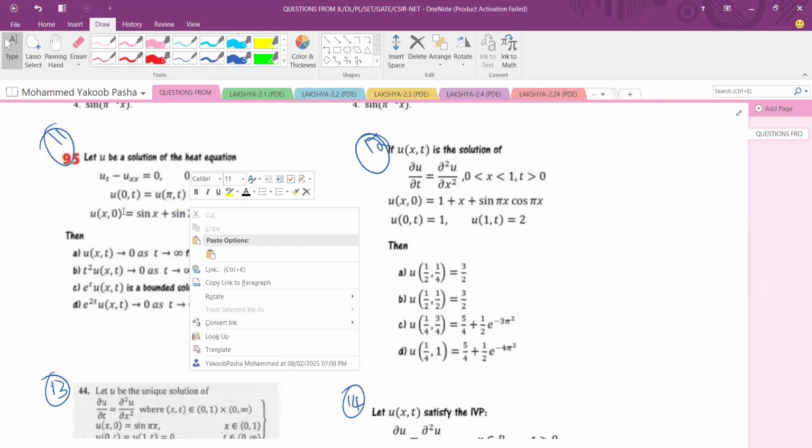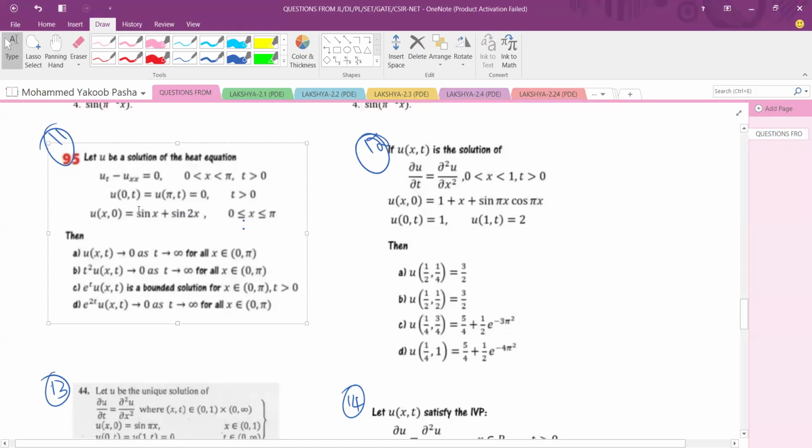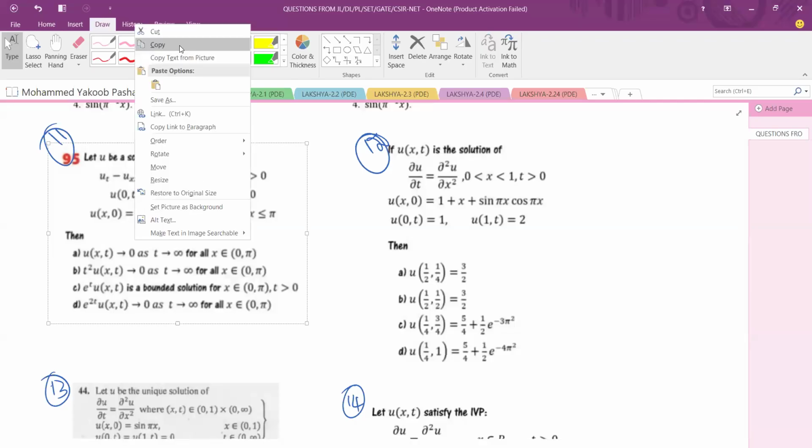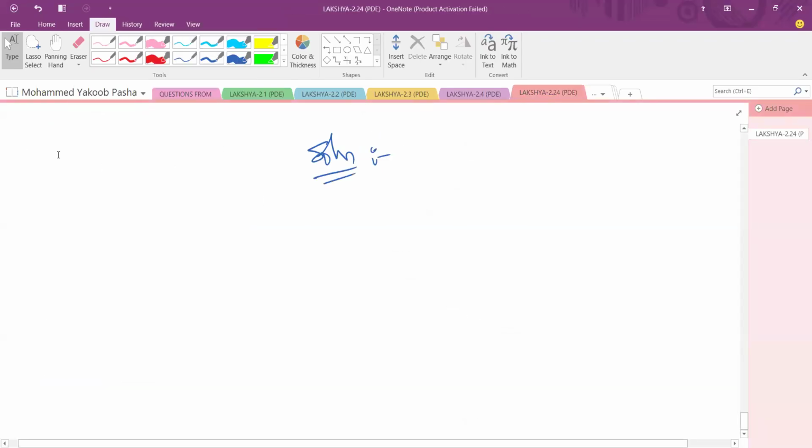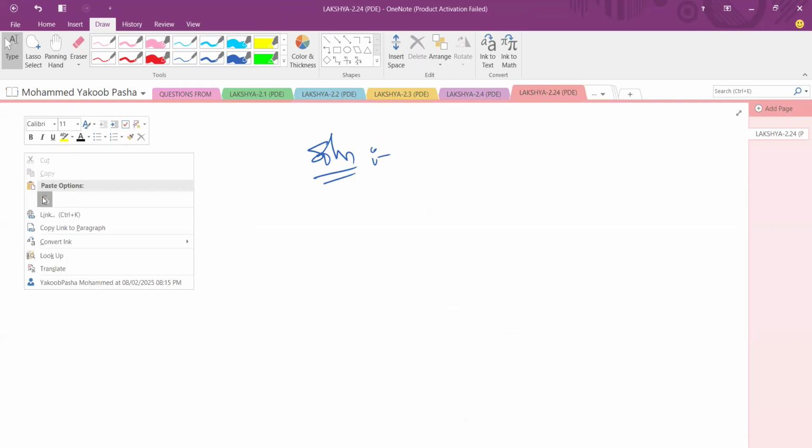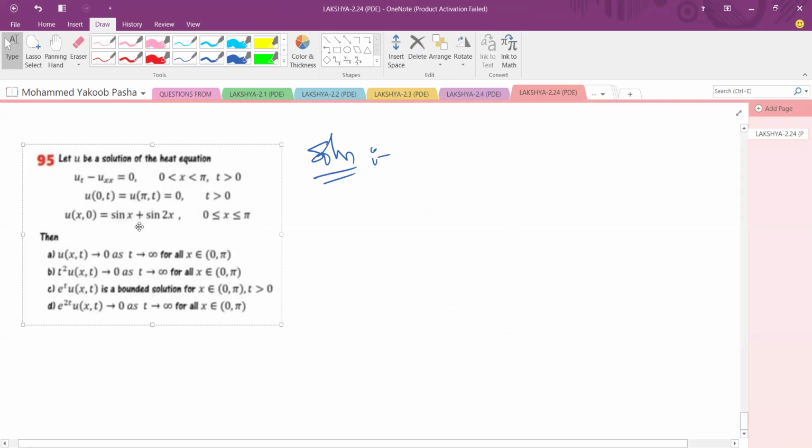Okay, now I'm taking this problem, my 11. This is a CSIR NET 2012 June problem.